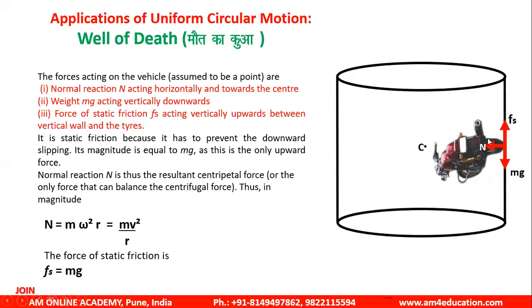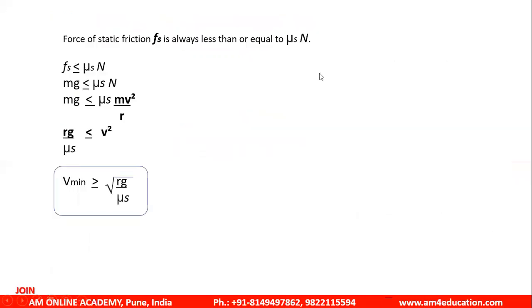So in order to maintain this vehicle in a horizontal circular path, it should have a minimum speed. Beyond that speed, no matter. But below that minimum speed, the vehicle will not be able to move and it will fall to the ground. So in this case, we'll find that minimum speed. What is that minimum speed?